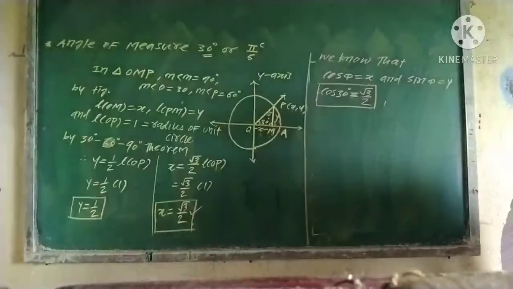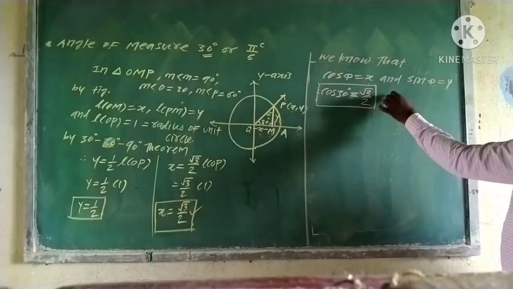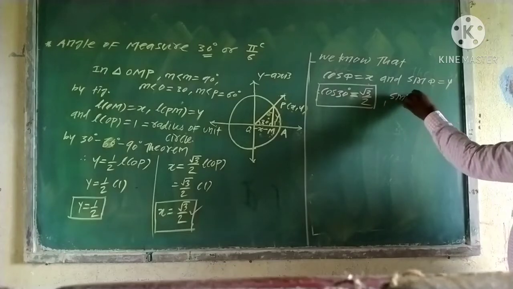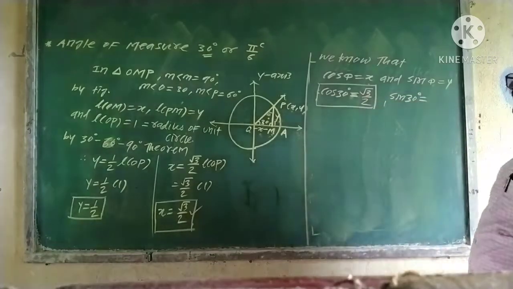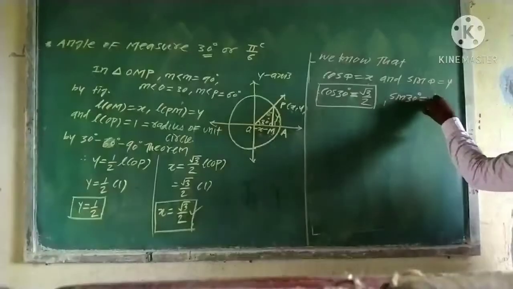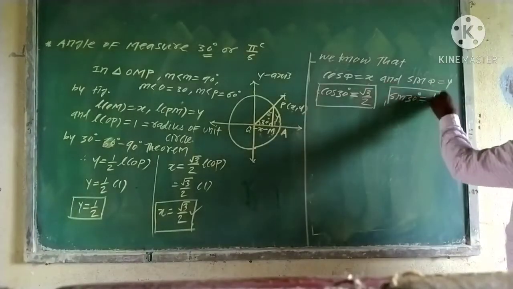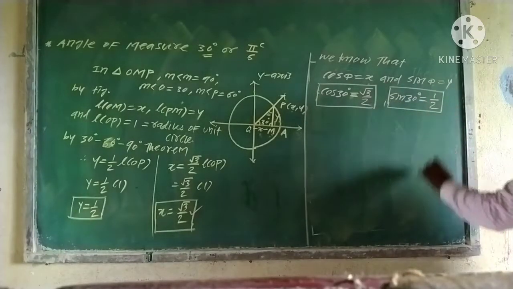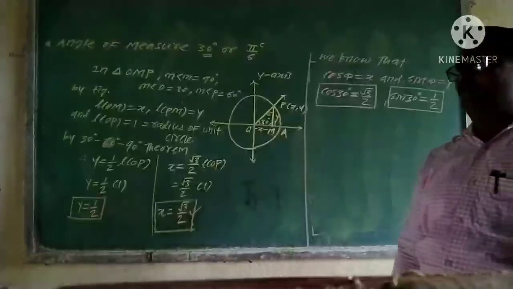Sin of theta, where the value of theta is 30. Sin of 30 degree equals y, and the value of y is 1 upon 2. Now these are the values of sin of 30 and cos of 30.